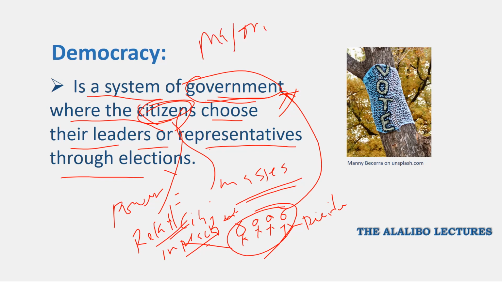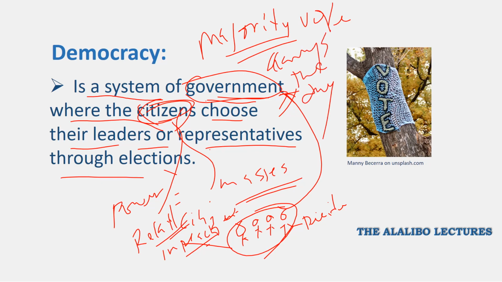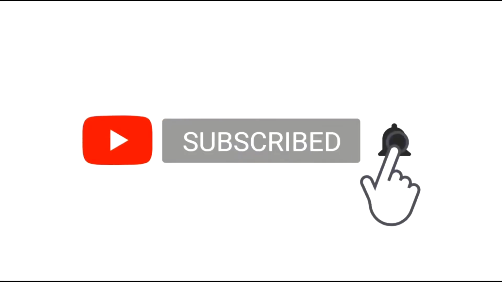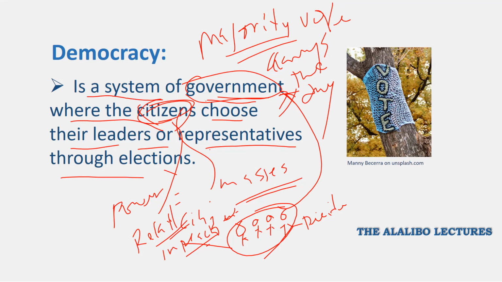So in a democracy, it's usually majority vote that carries the day, so to speak. Because the idea of democracy is the more people want something, the more they move towards achieving it, the more it makes sense for it to be prevalent, to be the item of choice and so forth.